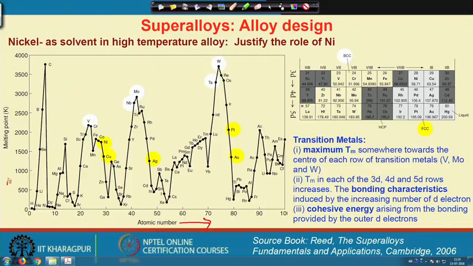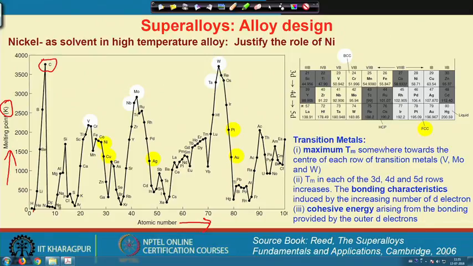Instead of melting point, I prefer melting temperature in Kelvin. So, starting from hydrogen, you see there is a large peak where carbon is, and now you understand why carbon is often chosen for high temperature material. This is one of the purposes.